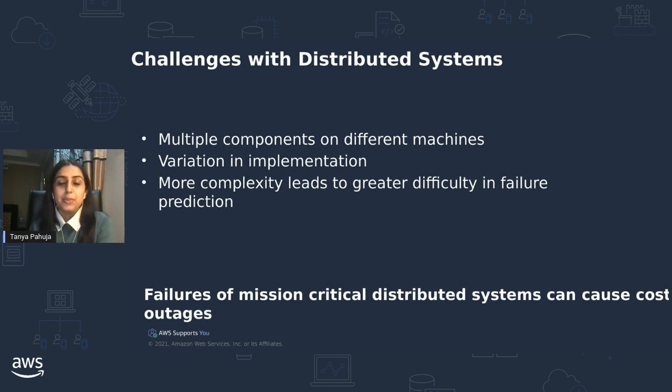So, what are the challenges with distributed systems? Distributed systems have multiple components located on different machines, and they vary greatly in implementation. For example, a distributed system can be an offline system, that includes your batch processing systems or your big data analysis clusters.